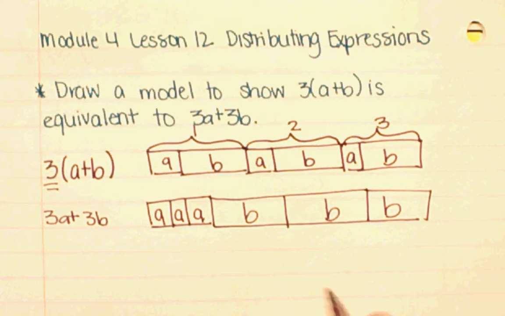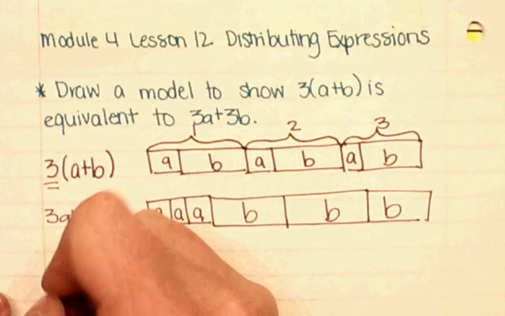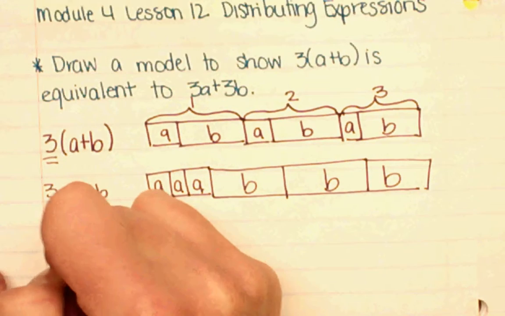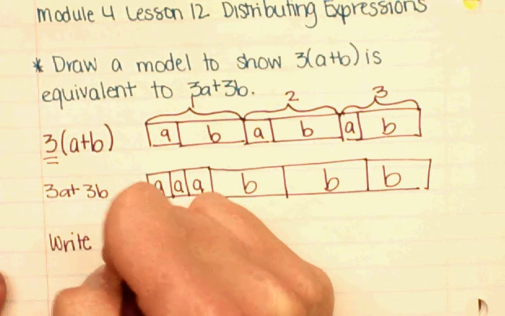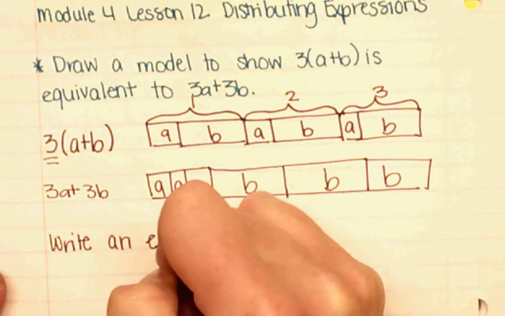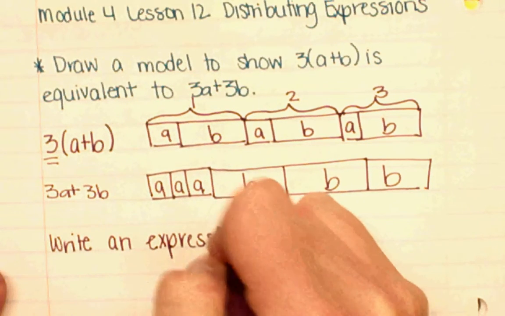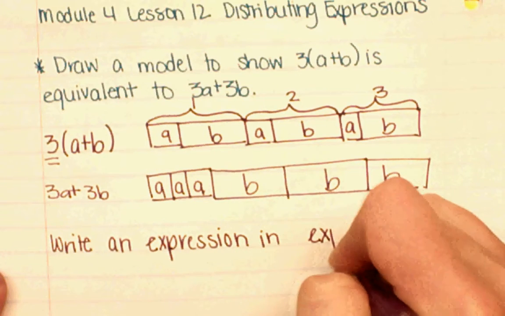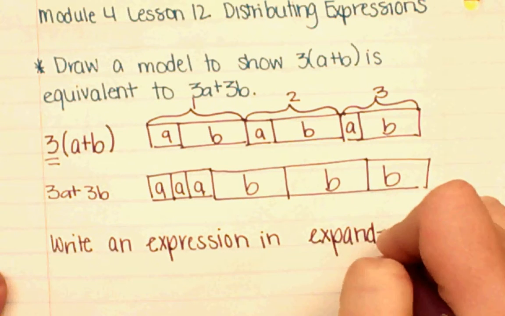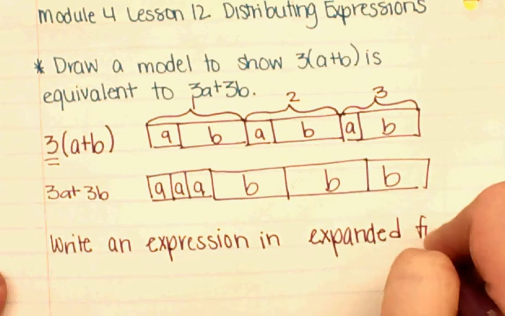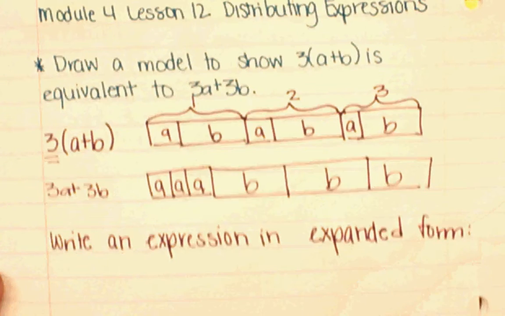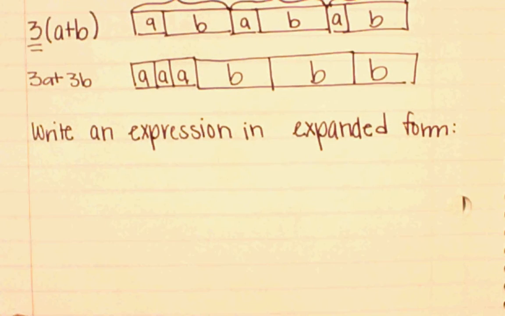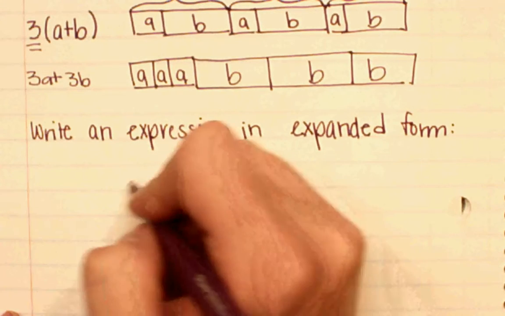Sometimes you will see them asking you to make an expression, so they will also say write an expression in expanded form. And it'll be in a rectangular model shown like this.